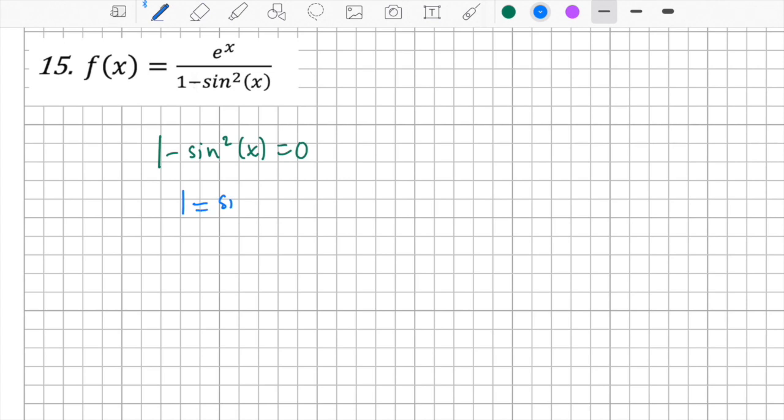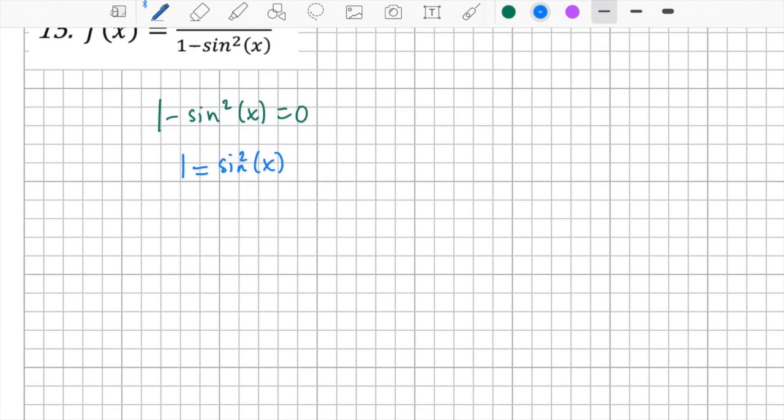We'll have 1 equals sine squared. Take the square root of both sides, and we end up with plus or minus 1 equals sine of x. And the question is, what angle gives you a sine of positive 1 or negative 1?